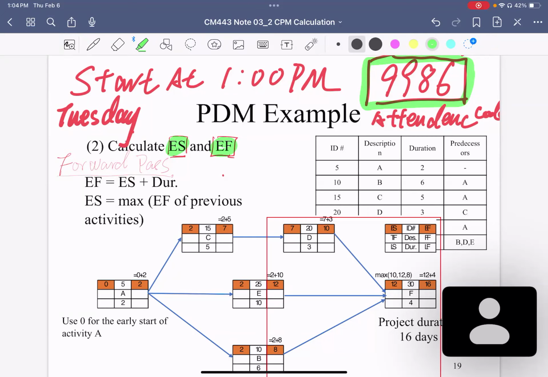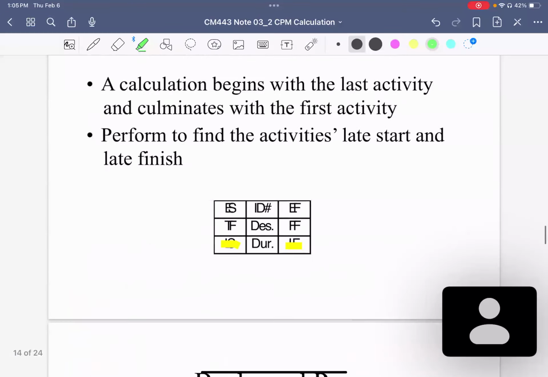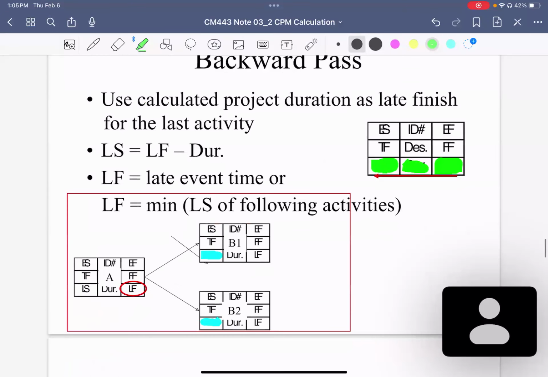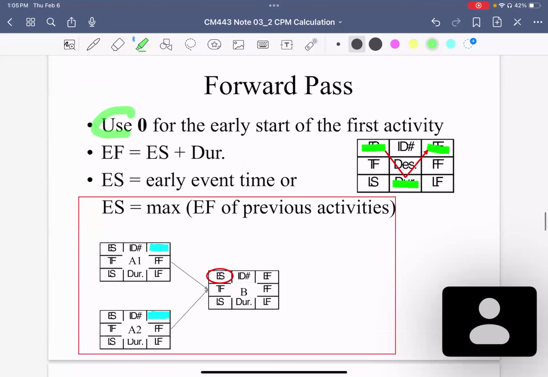So refer to the information we're getting from the previous slides. We come to the previous slides and we see we were using zero for the early start time for the first activity.